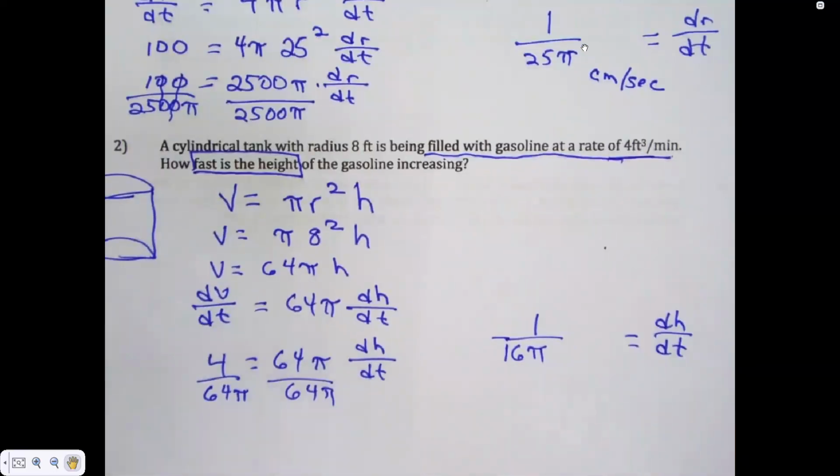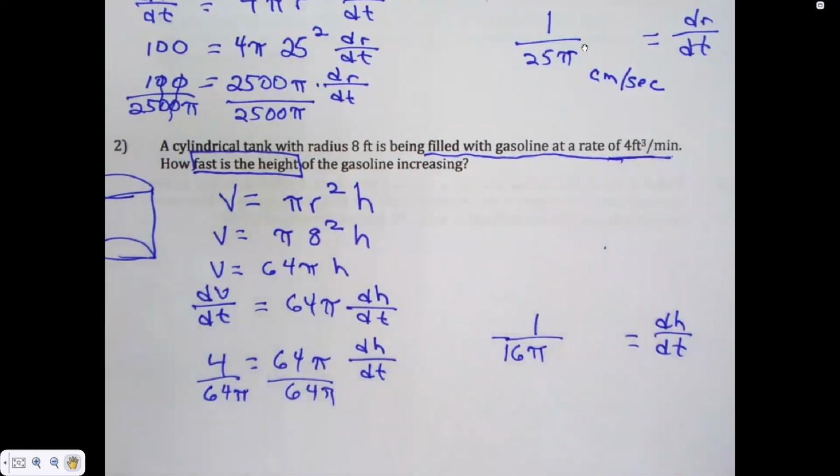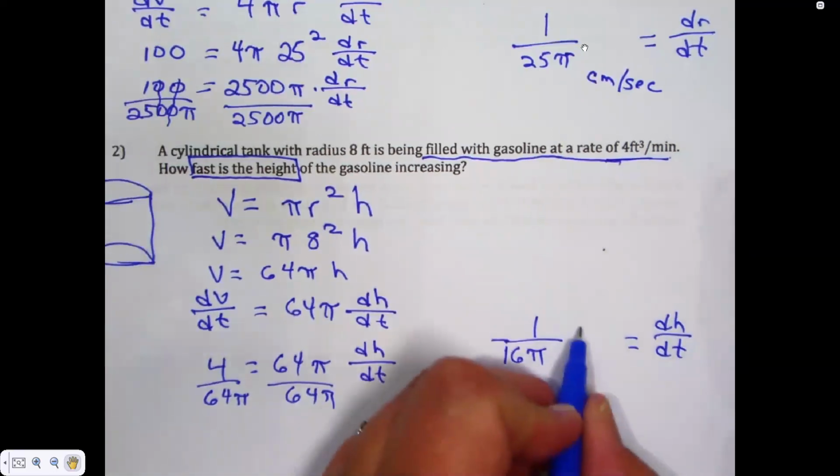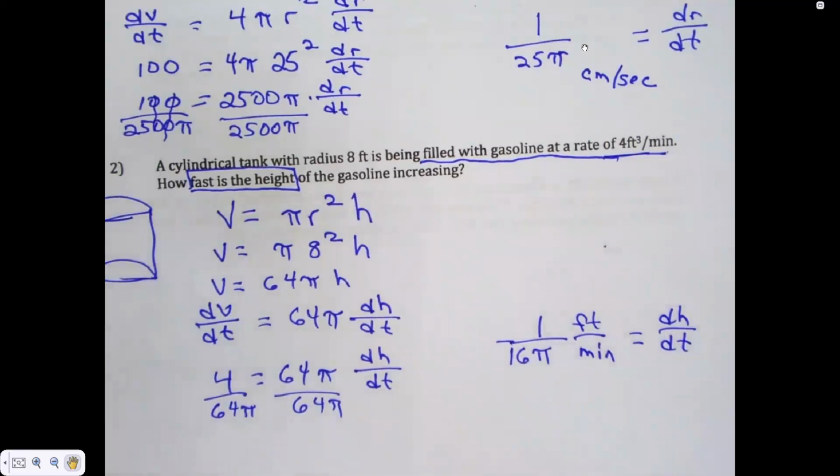Does anyone want to try units? The height is just a length, so instead of cubic, it would just be feet per minute. You could even write it like this if you want. Usually, for some reason, we write units on one line, but you don't have to. That's the same thing as feet per minute.